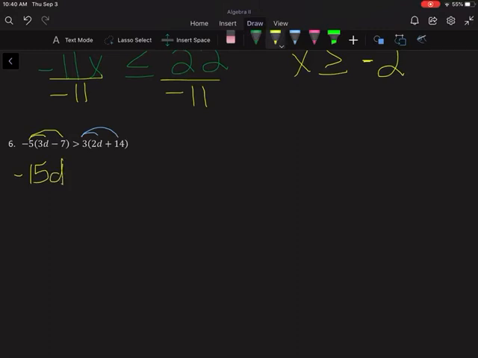So that negative 5 times 3d is negative 15d. Negative 5 times negative 7 is positive 35. And then we have the greater than. 3 times 2d is 6d. 3 times 14 is 42.